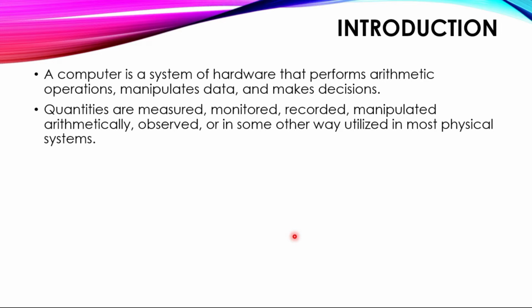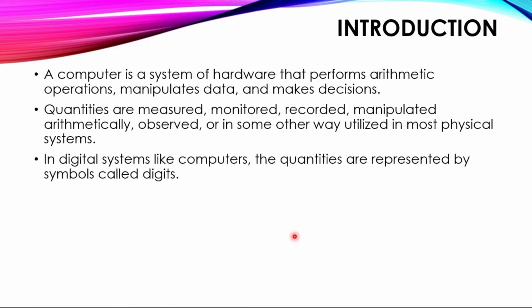Now all the quantities have some measuring, you can measure it, you can monitor it. Similarly, in a digital system like a computer, the quantities are represented by symbols called digits. It means that physically how you can measure the quantity. Similarly, if you want to represent quantities in a digital system, those symbols are called digits.